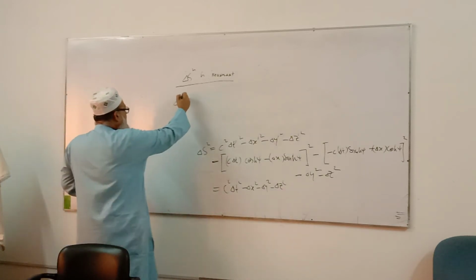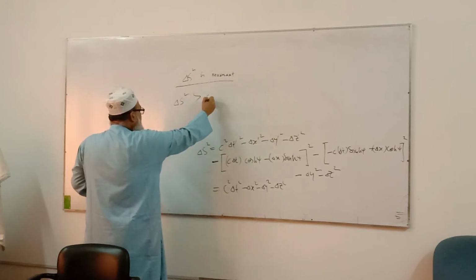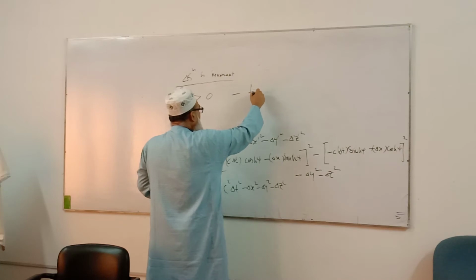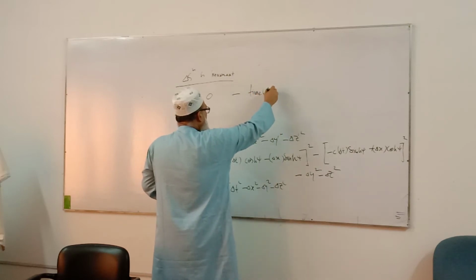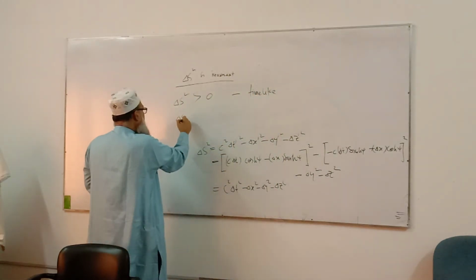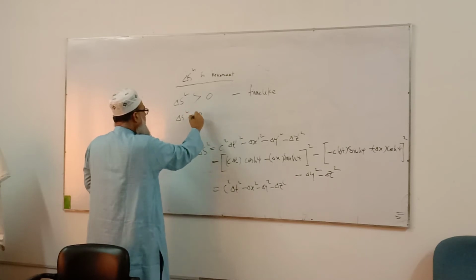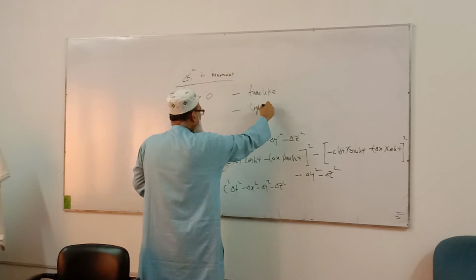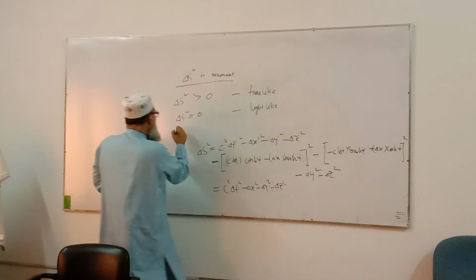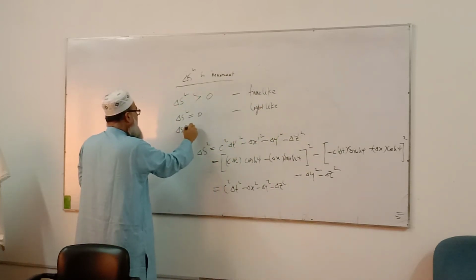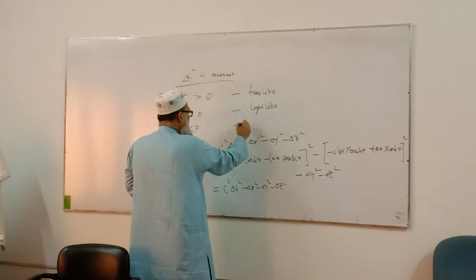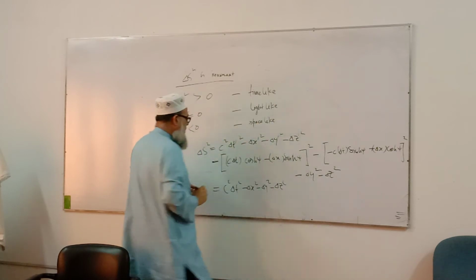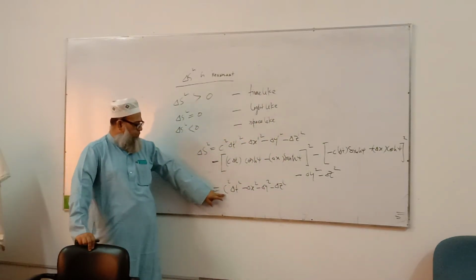If del s squared is greater than 0, it is called time-like. If del s squared is 0, it is called light-like. If del s squared is less than 0, it is called space-like. See here, come here.